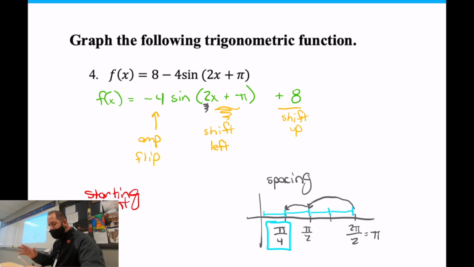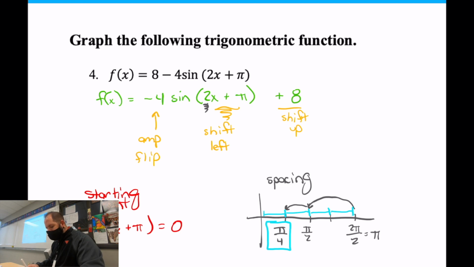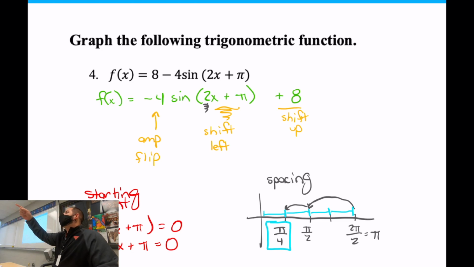That's where you take the entire parenthesis, this monster, and I set it equal to 0. And I figure out where did I start. So when I solve this, I don't really need the parenthesis, but I just solve for x, and that just tells me where my starting point is. So the starting point would be negative pi over 2?